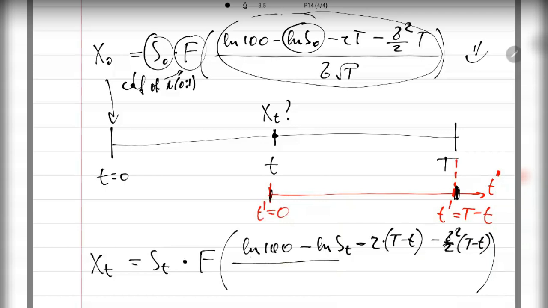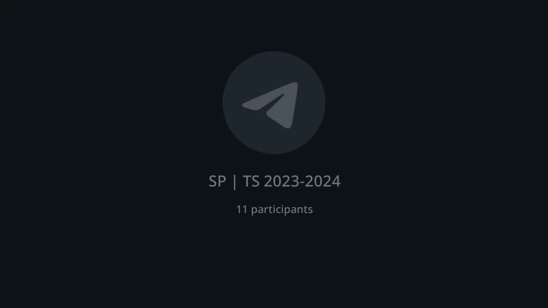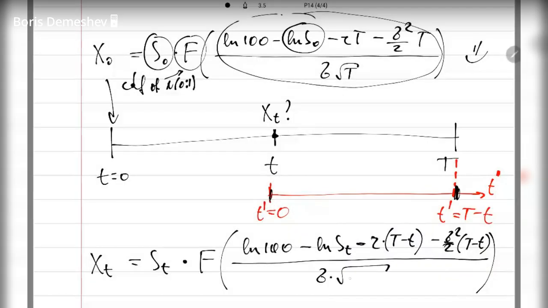So I just count the time that is ahead of me when I start my new timeline at time moment 0. And here I will have sigma times square root of big T minus small t.